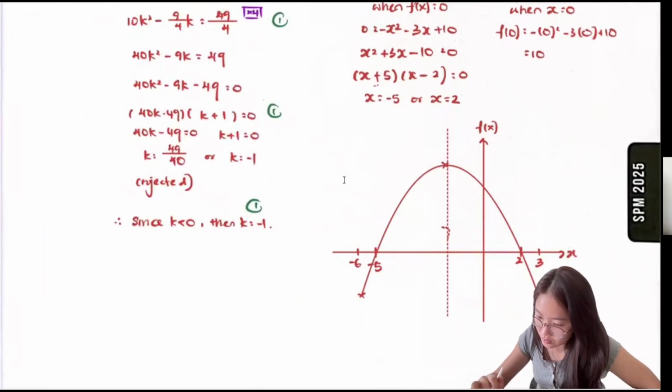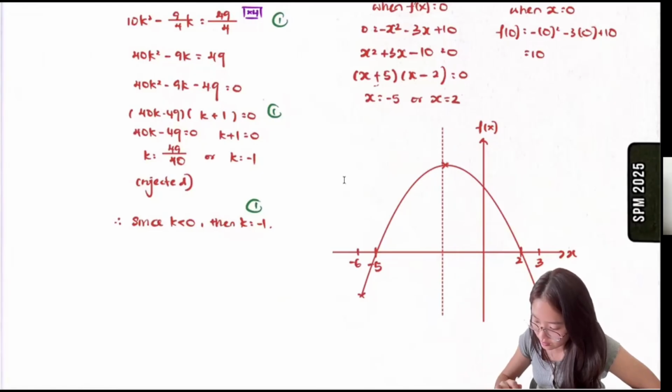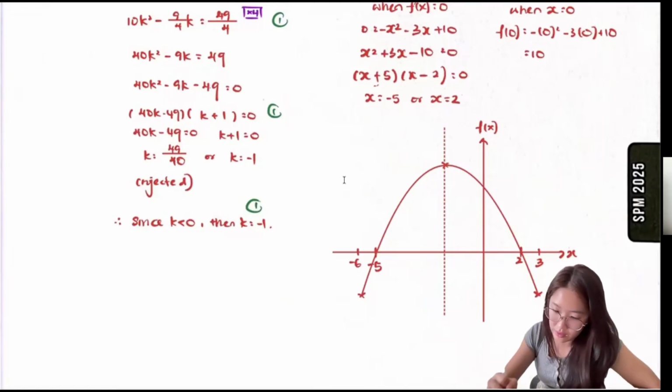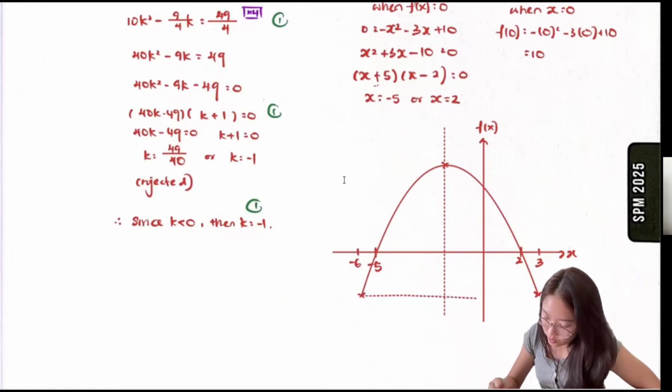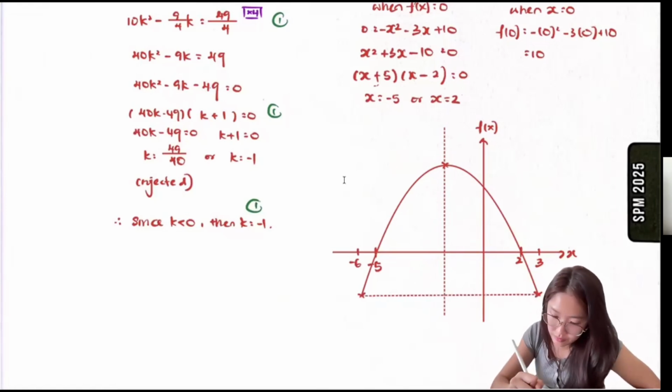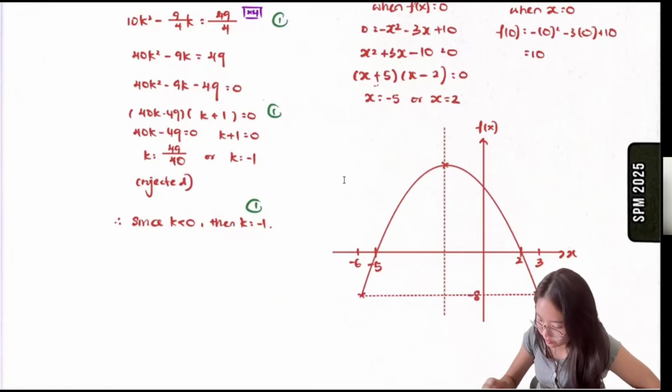Okay, axis of symmetry. And then, okay, this one you can draw a dotted line here. This is -8.